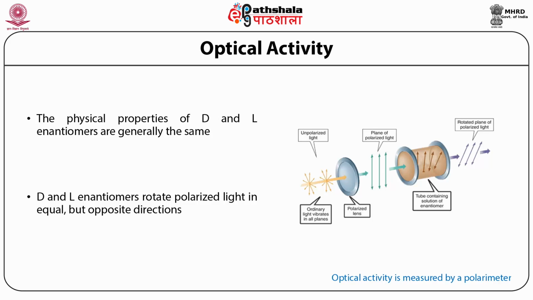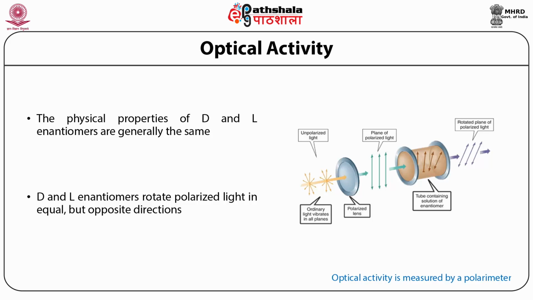So now this plane polarized light, if it is allowed to pass through a tube that contains a solution of an enantiomer, what will happen? If one component interacts stronger than the other with a chiral molecule of this enantiomer, this component will slow down and will arrive later at the observer. As a result, the plane of the light appears to be rotated to the observer.